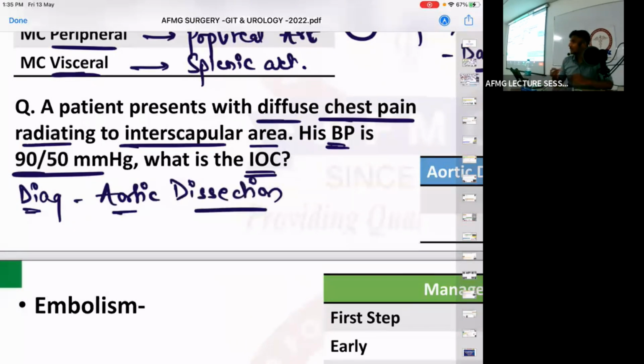In aortic dissection, the pain would be in the chest, but it will radiate to the interscapular area, because the aorta is in the posterior mediastinum. Or they will say the pain increases on lying supine. Classical case of aortic dissection. No issues with this, easy.